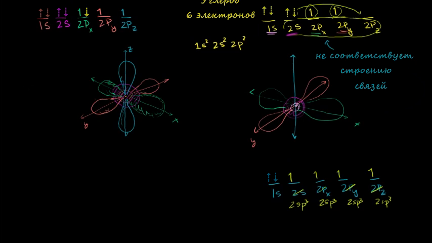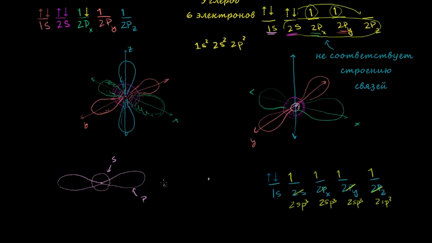So when you mix them all, instead of having an s orbital, if this is a nucleus and we do a cross section, an s orbital looks like that, and a p orbital looks something like that in cross section. So this is an s, and that is a p. When they get mixed up, the orbital looks like this.